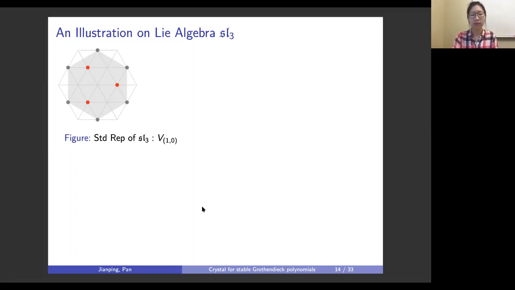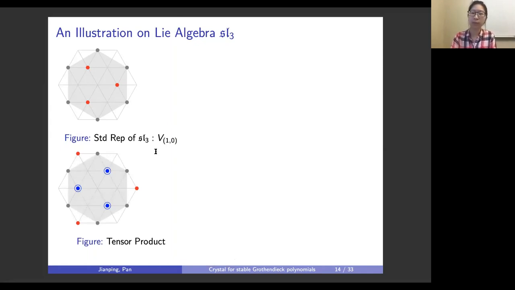Now, one question to think about is, if I take the tensor product of the standard representation with itself, what do I get? I've drawn the weight diagram here. The algebra would tell you that the 6 solid dots, 3 red and 3 blue, give you the symmetric square representation of A2, and the 3 big circles give you the exterior square.